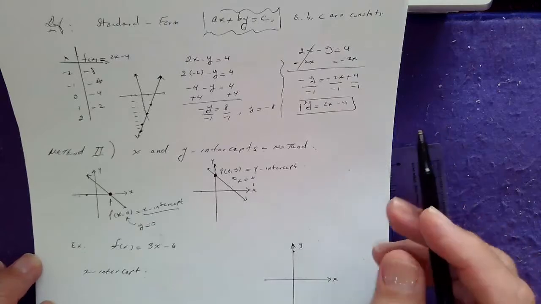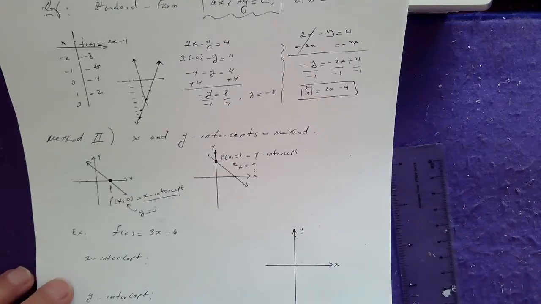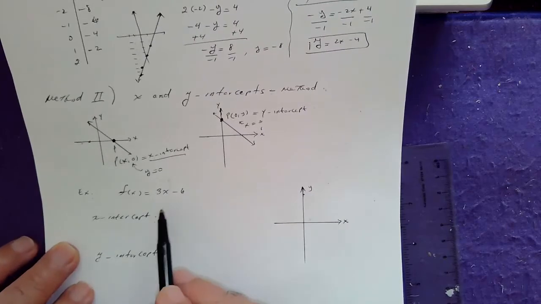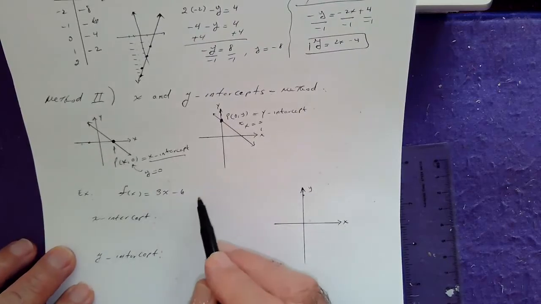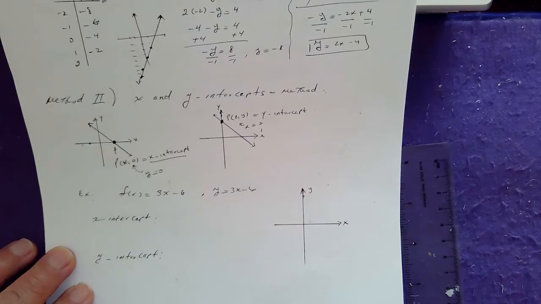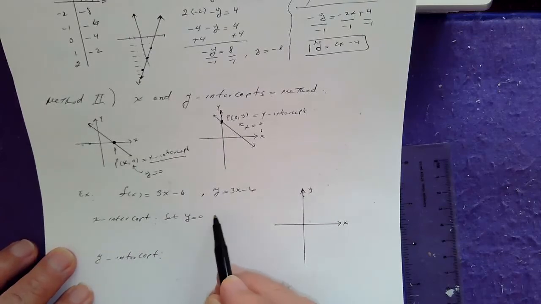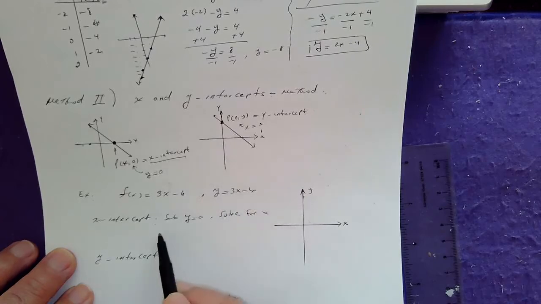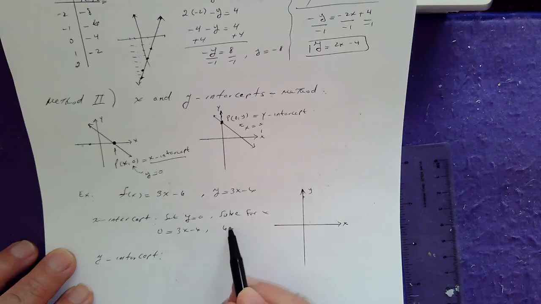So with that in mind, how would you go about finding the x and y intercept of this graph? Remember, f of x is just a nickname for y. So the way you find x-intercept, you set what? Y equal to 0 and solve what? For x. So in this case, I get 3x minus 6. So that's like 6 is equal to 3x, divide both sides by 3, x is equal to 2.